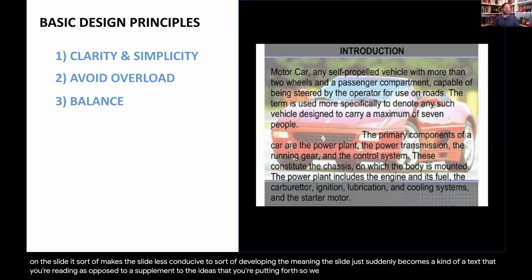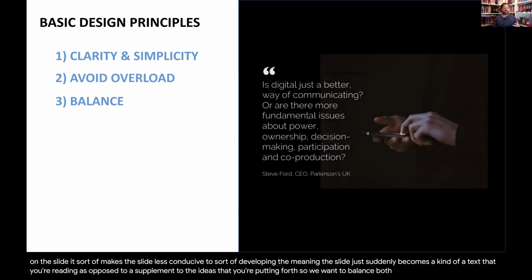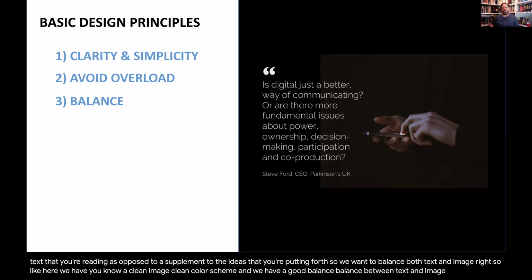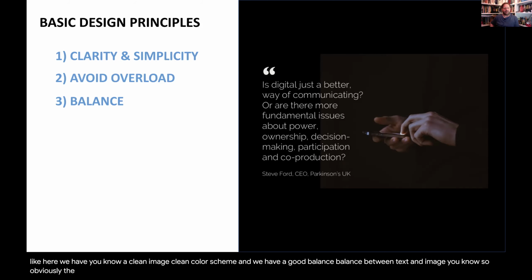So we want to balance both text and image. Like here we have a clean image, a clean color scheme, and a good balance between text and image. Obviously the narration is going to present the primary ideas connected with this slide orally, through their speaking.